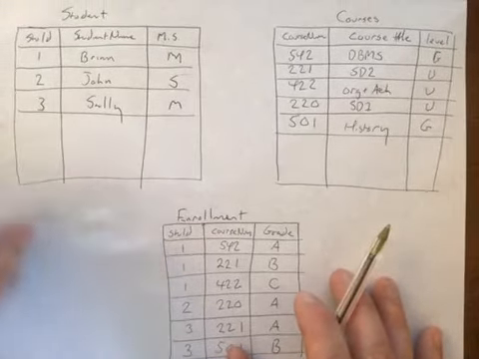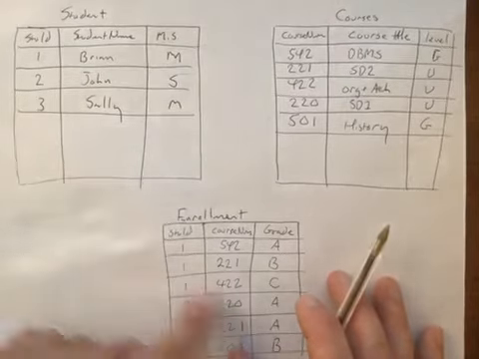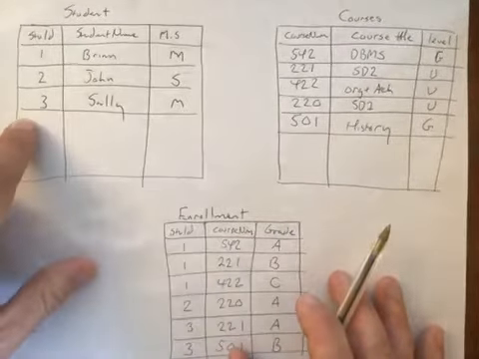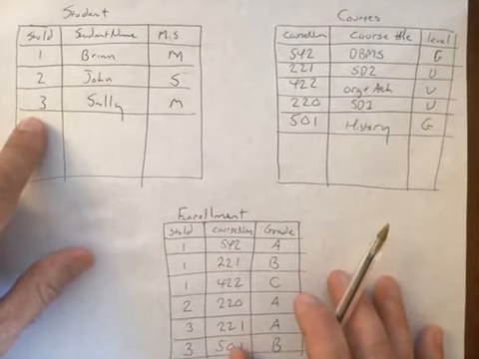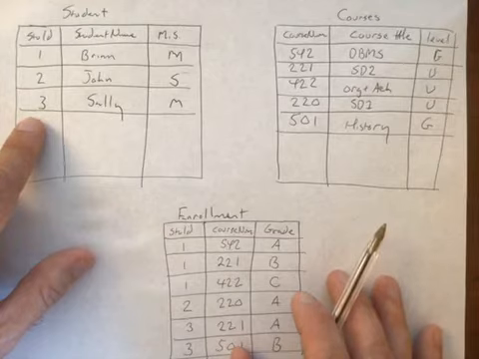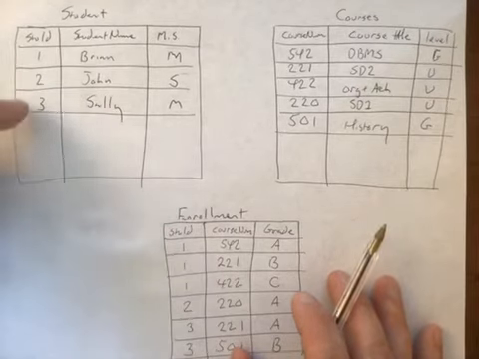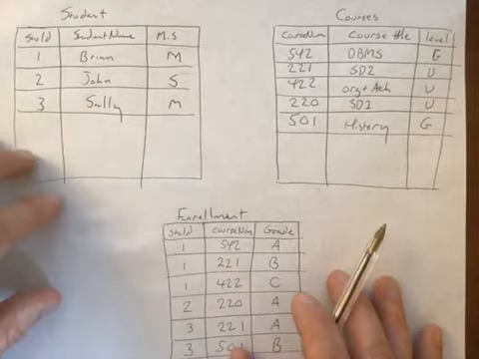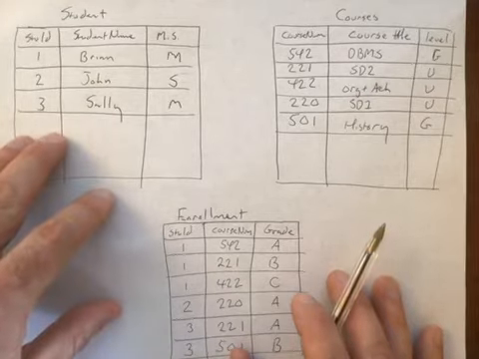Let's just follow up by looking at the keys here, just so we can relate these keys over. The student one is pretty obvious, right? We talked about that in a previous video. We said that there could be more than one person named Brian, John, or Sally, so it made sense to have a unique ID so that we knew that a second person named John would have a unique record from the first one named John.